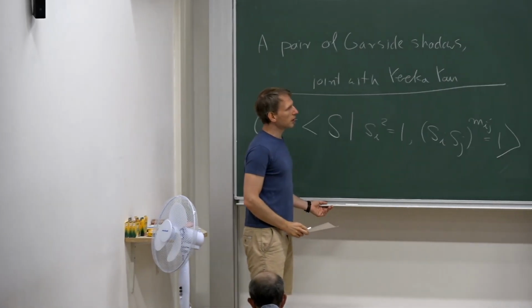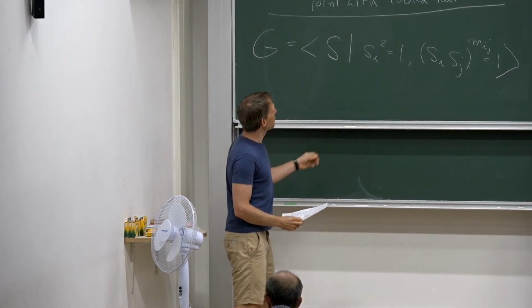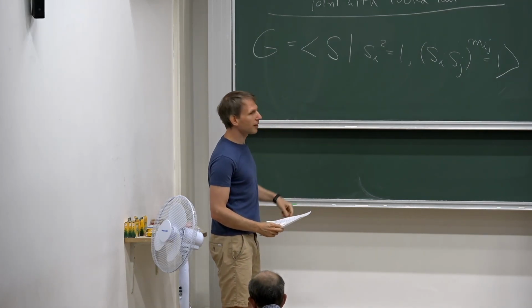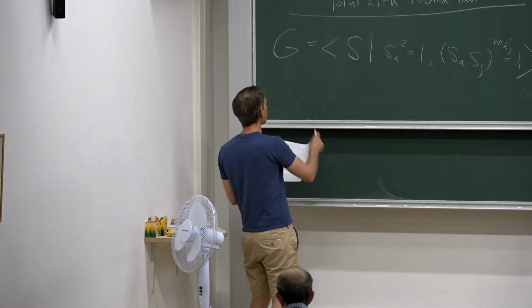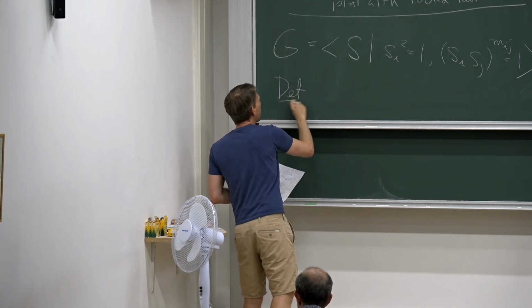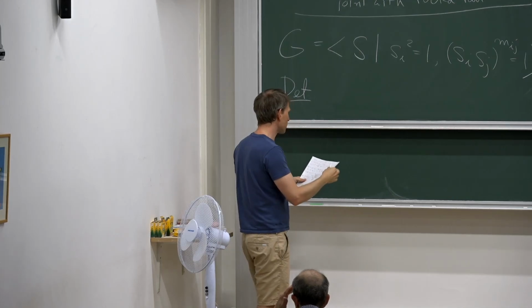And I will draw in a moment for you an example of a Cayley graph of this group. But first let me introduce some notions related to that Cayley graph so that I can illustrate them in one figure. Elements of a Coxeter group are called reflections if they are conjugates of the generators.